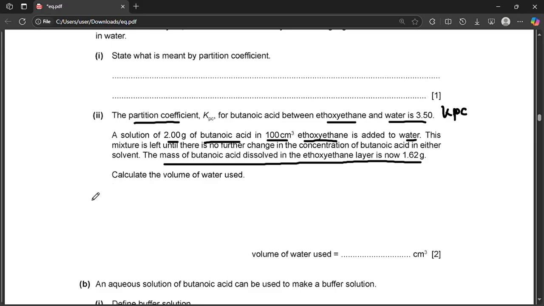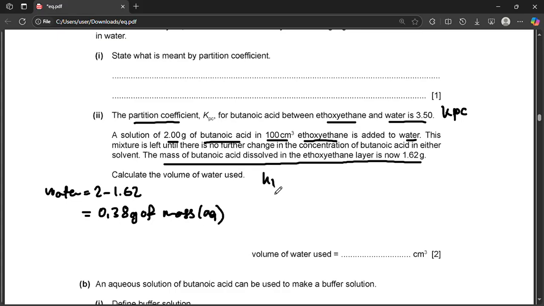To find the mass that is dissolved in water, all you have to do is 2 minus 1.62, which gives 0.38 grams dissolved in water, the aqueous layer.